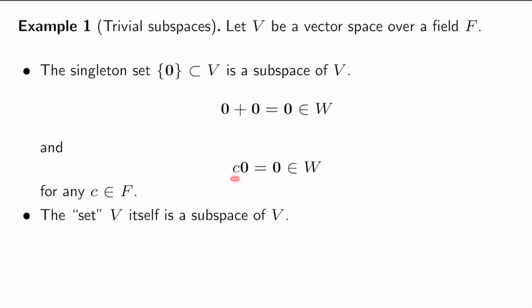And C times the zero vector, where C is any element of the field F, is the zero vector, so that belongs to the subspace. So this W is a subspace. And another trivial subspace is the set V itself. It is a vector space already, so it is closed under addition and scalar multiplication. So it is a subspace of V itself.